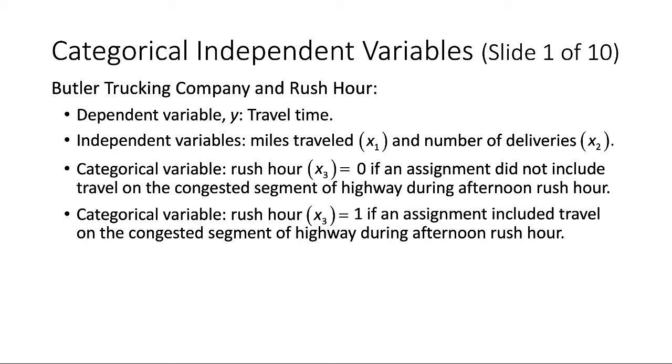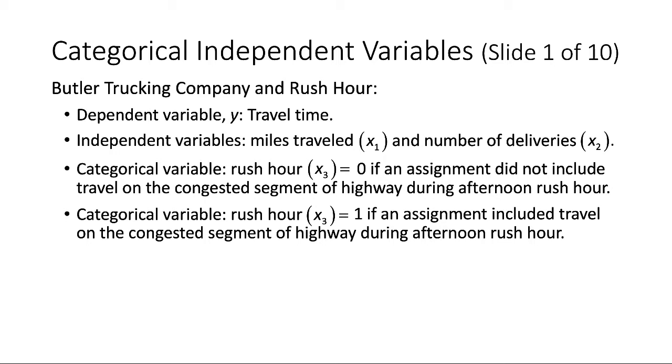To illustrate the use and the interpretation of a categorical independent variable in a regression model, we'll again consider the trucking company example. Several of the truck driving assignments require the drivers to travel on a congested segment of a highway during afternoon rush hour.